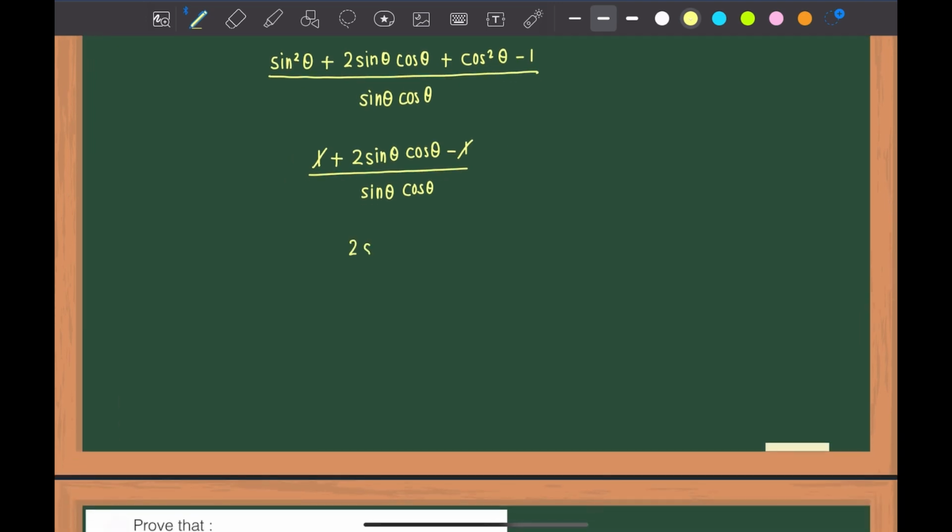I get 2 sine theta cos theta divided by sine theta cos theta. These two get cancelled, these two also. What I am left with is simply 2, which is my right hand side. So this is how we can simply solve this question by just using our common methods.